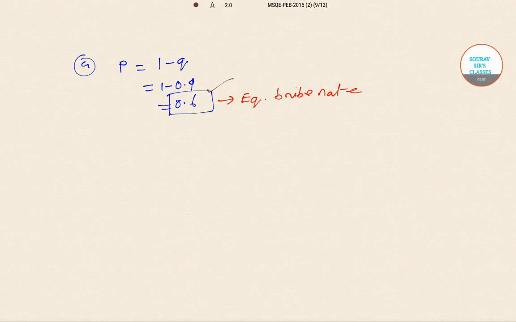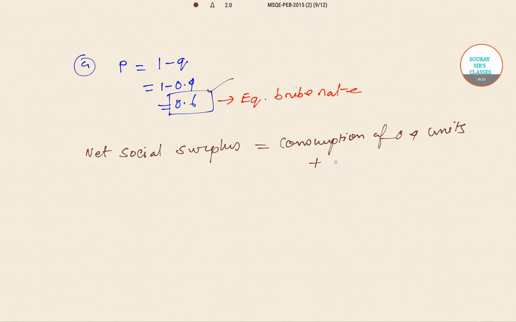The net social surplus will be the consumer surplus on consumption of 0.4 units plus the bribe minus the MC, which equals 0.08 plus (0.6 minus 0.5) into 0.4, which equals 0.12.